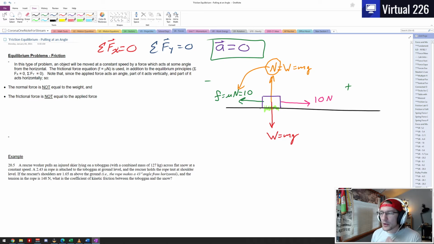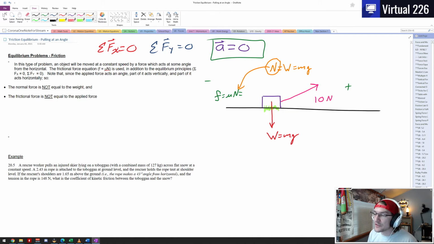Well, what we're going to do this time is instead of pulling or pushing an object exactly in the same plane as the surface, the ground or the table, we are going to push or pull the object upward. And we're going to see that a lot of things change when we do that. When we push or pull an object upward, our friction and our normal force are going to change.